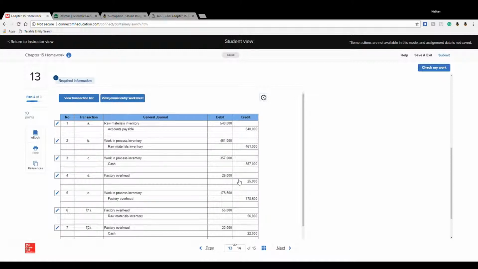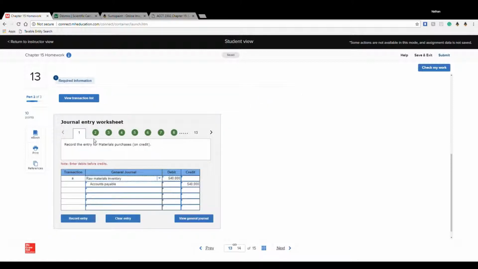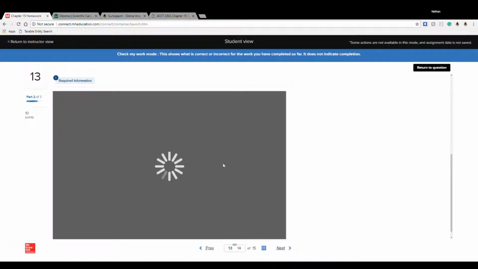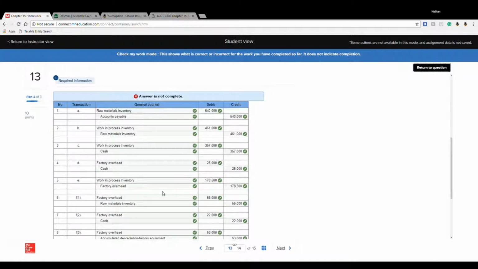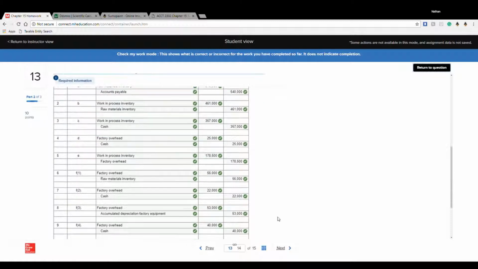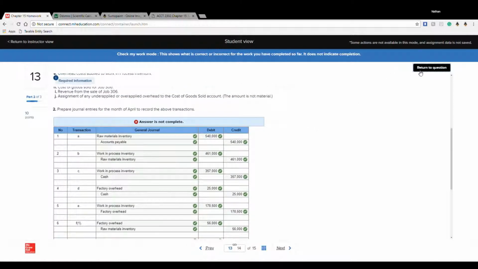If you like all the check marks, it works. Looks like I missed one, so we'll go back. Again, I missed one. I guess I'm going a little bit too fast. Let me fix that. Which one was that? 4. That should have been cash. Always make sure you click on it. So check. Again, it's going to say answer is not complete because we don't have 13 in.